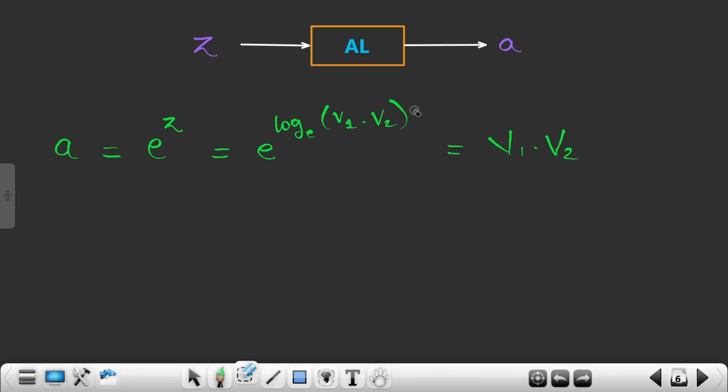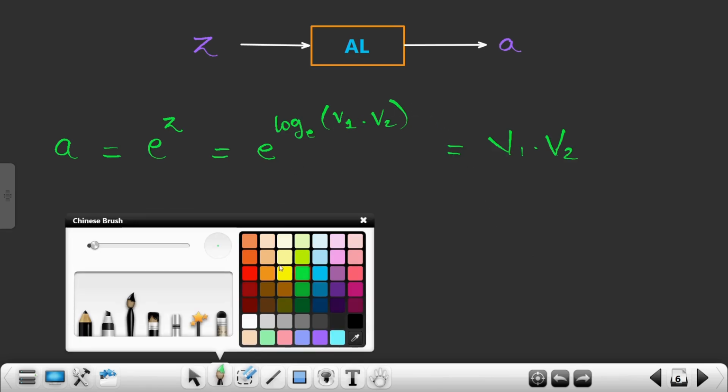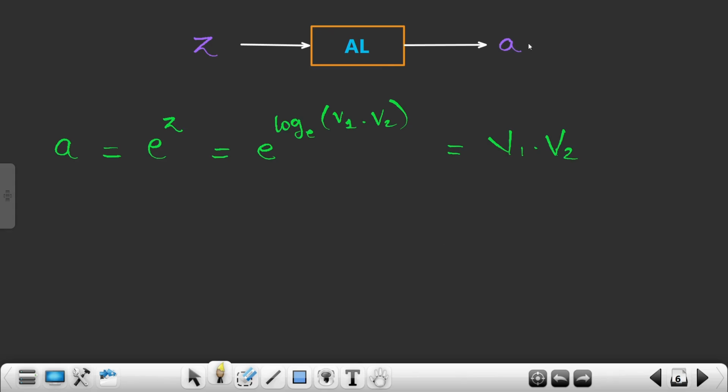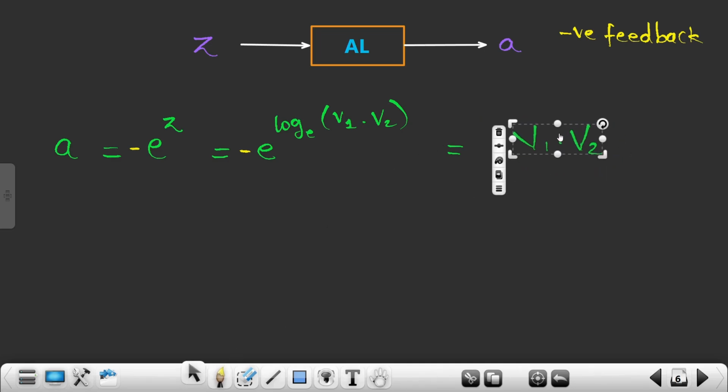Since this is an antilog amplifier, and we are designing the antilog amplifier using an op-amp with the help of negative feedback, this particular point is missed by lots of instructors out there, and most of the books just fail to mention it. So over here we will have one negative sign, and that's why the output will be, instead of v1 times v2, minus v1 times v2. So this will be the output.